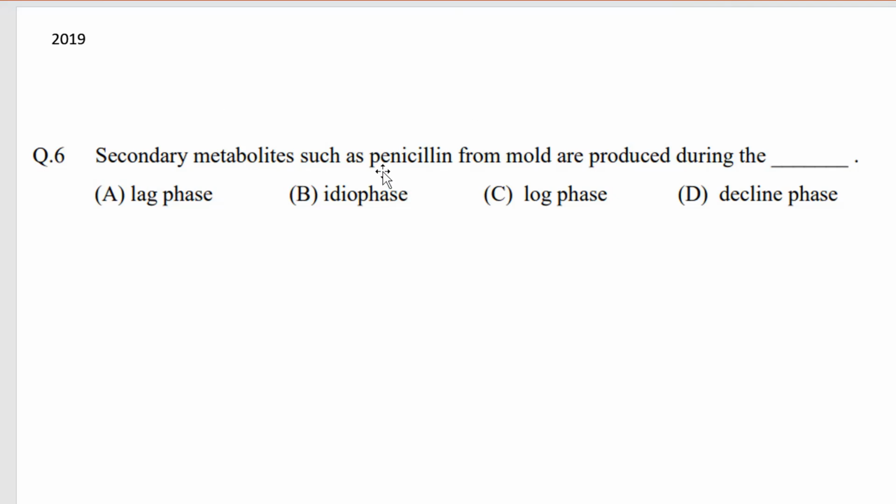So, penicillin is one such secondary metabolite. It is produced from the mold, and when it is produced is the question.